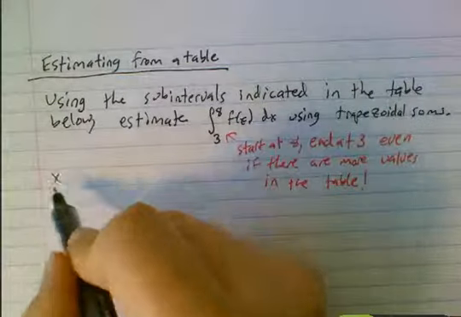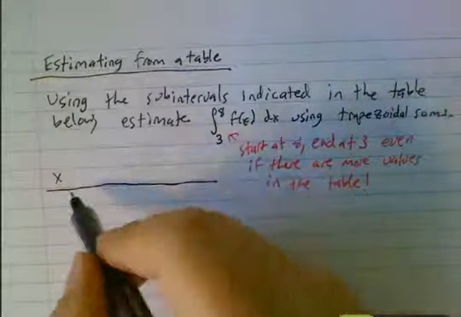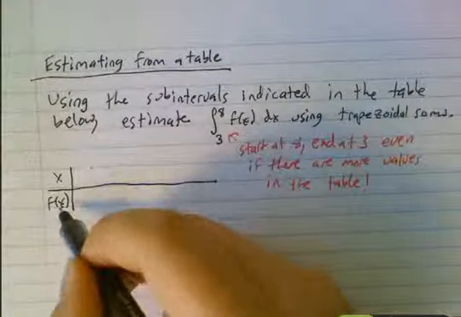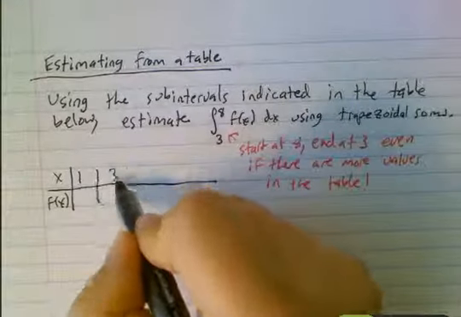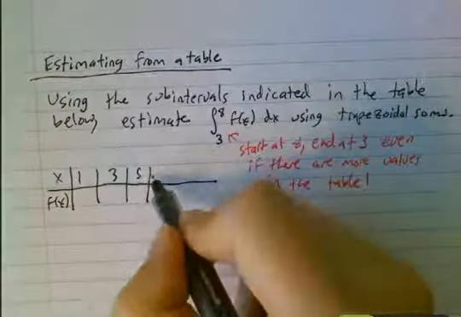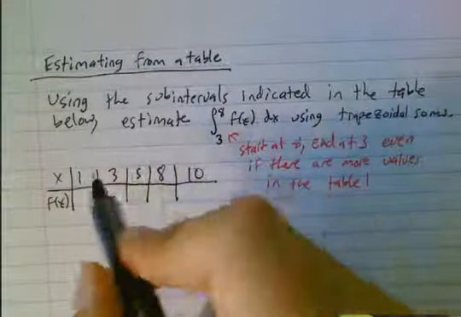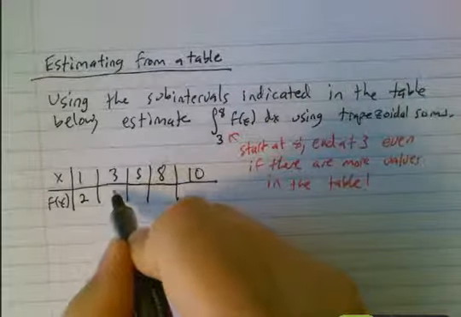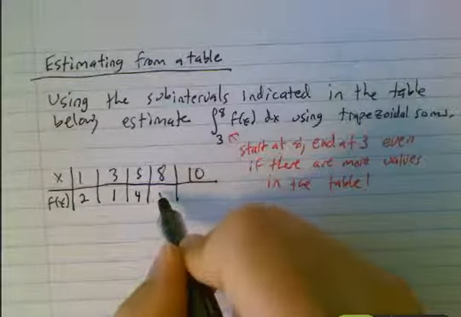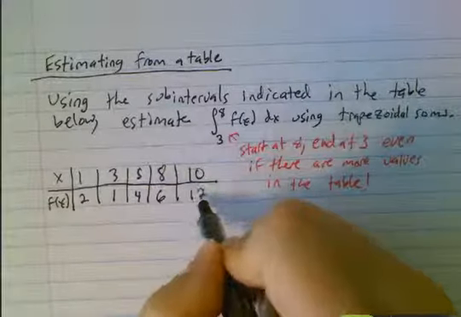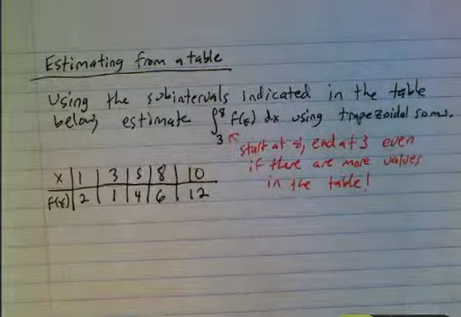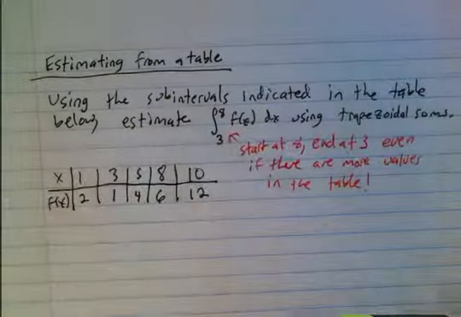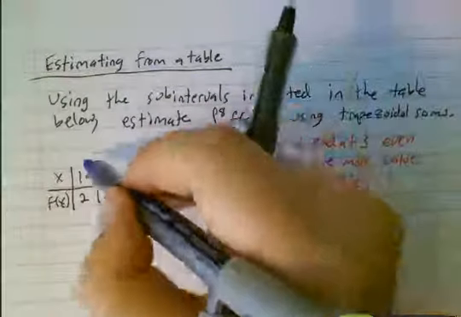So here's our table. Here's x, 1, 3, 5, 8, 10, f of x, 2, 1, 4, 6, and 12. Notice the widths do not have to be the same.